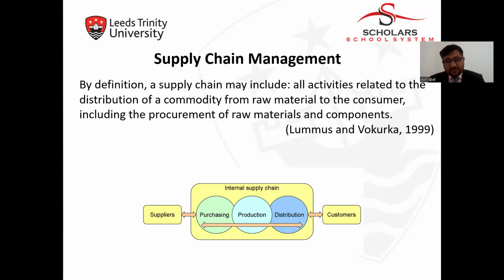When finished goods are ready to sell to the customer, they go to distribution. In distribution, they deliver the product to the customer. So this picture is very clear about how things are linked to each other. The suppliers are linked with the purchasing department, purchasing is linked with production, production with distribution, and from distribution the products reach the customers.